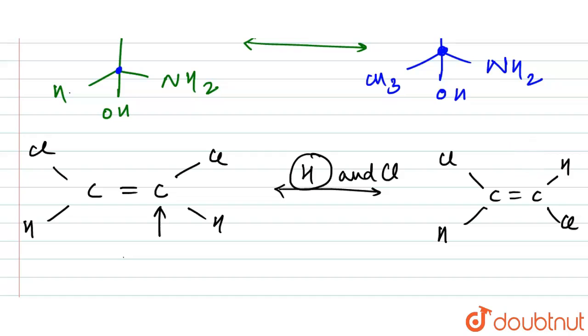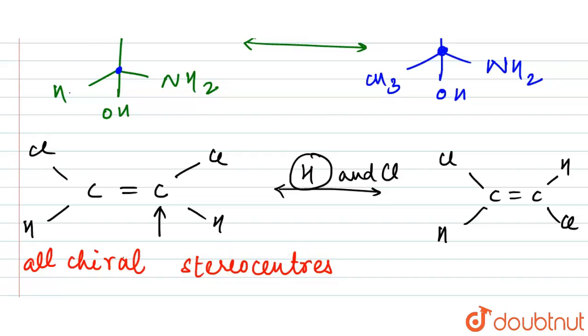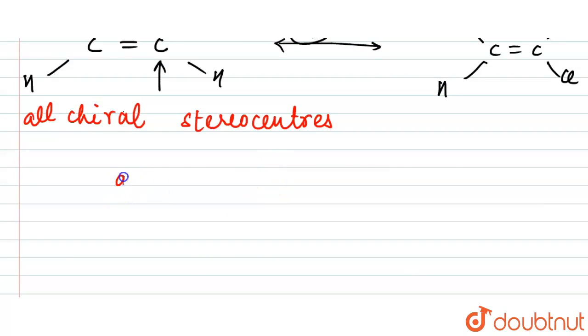Now here we have one rule: all chiral centers are stereo centers, but all stereo centers are not chiral.